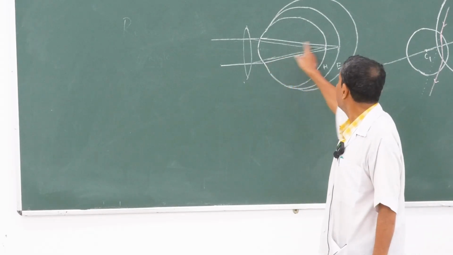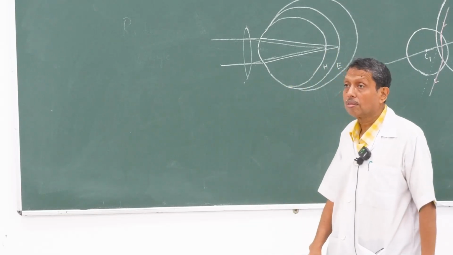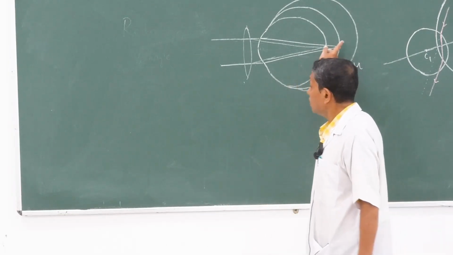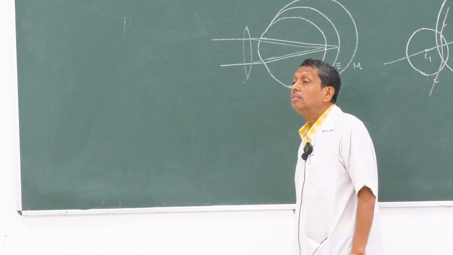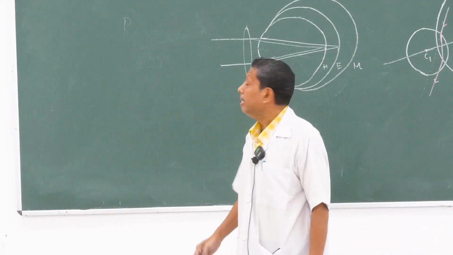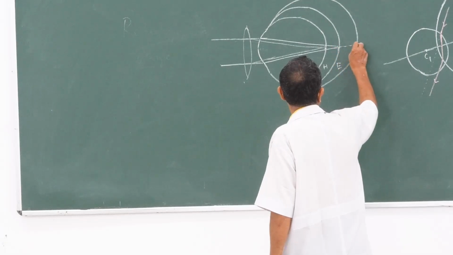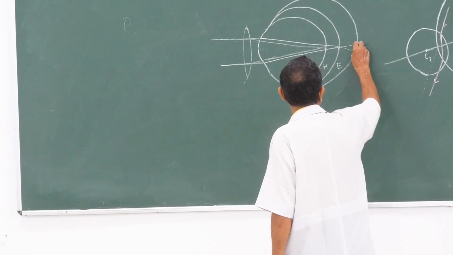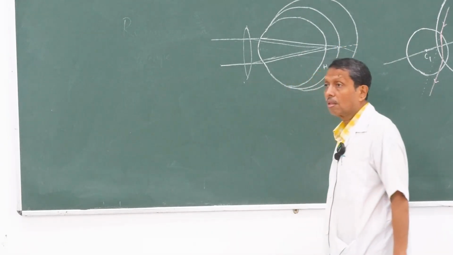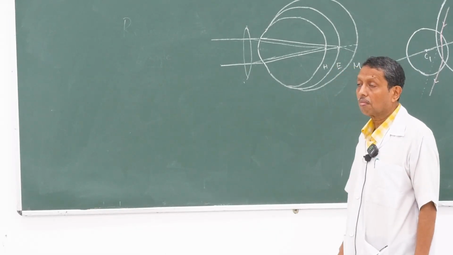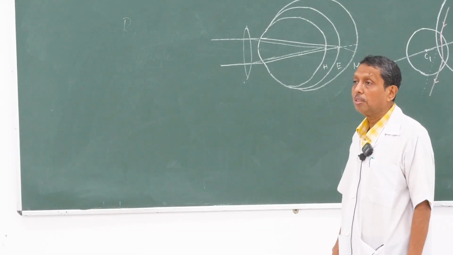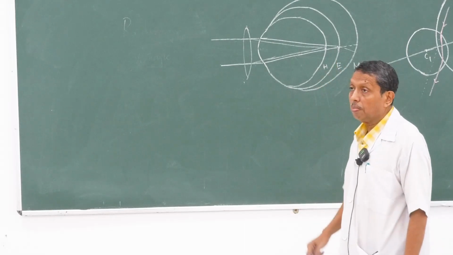But when the length of the eyeball is longer than this, the rays will diverge, and there is blurring of the image in case of myopia.